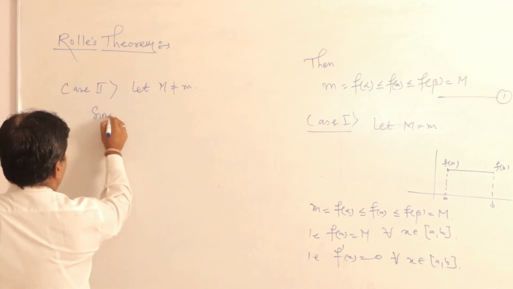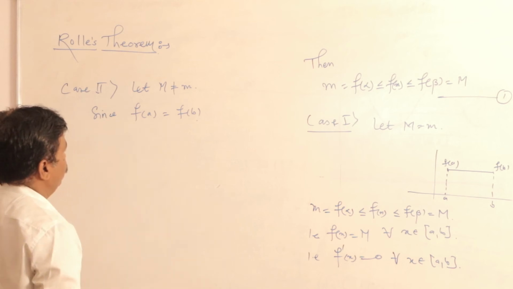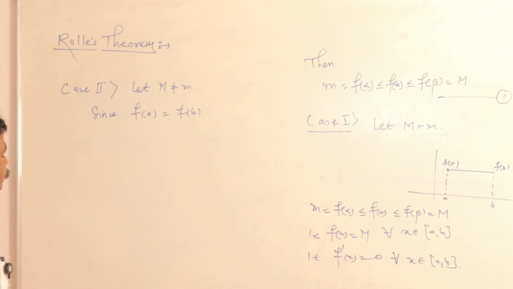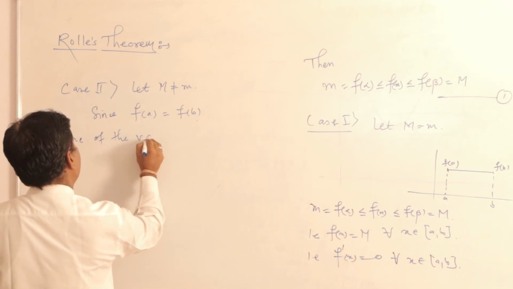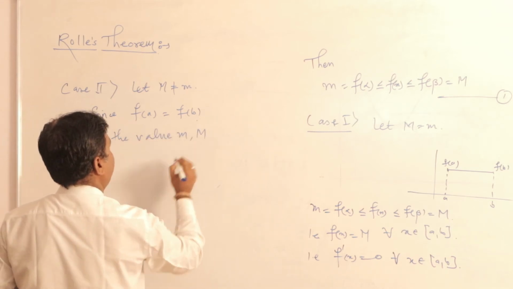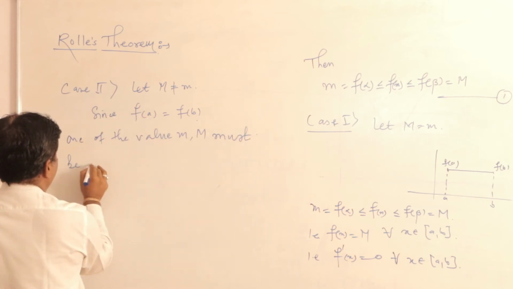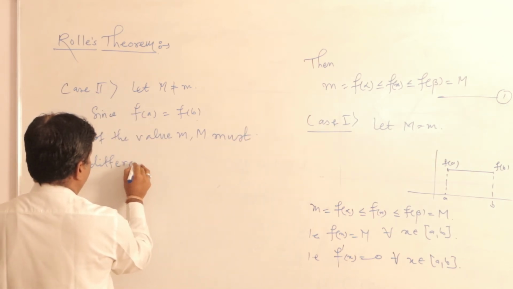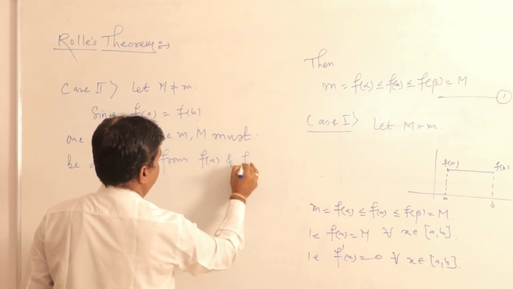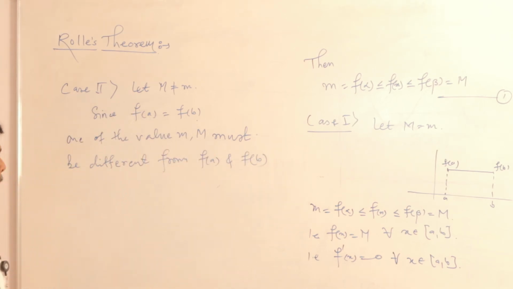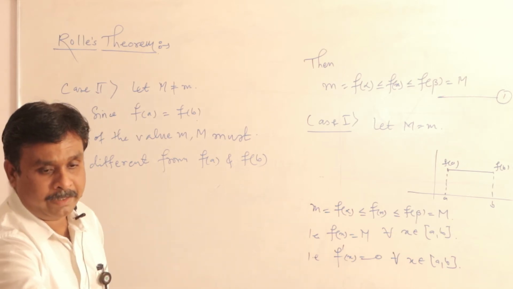Since f of a is equal to f of b, one of the values small m and capital M must be different from f of a and f of b.